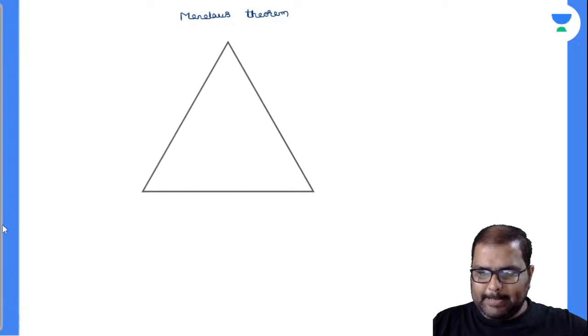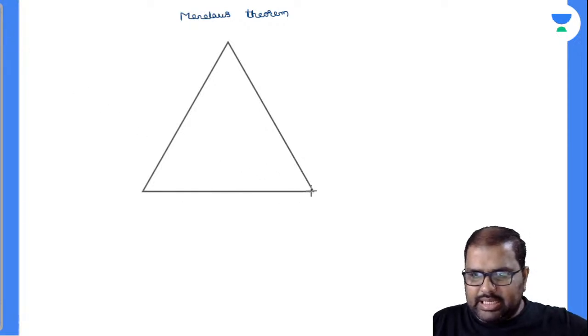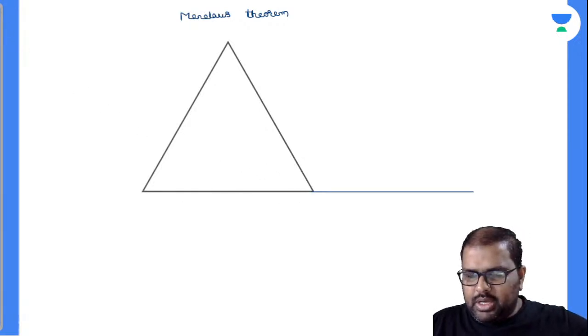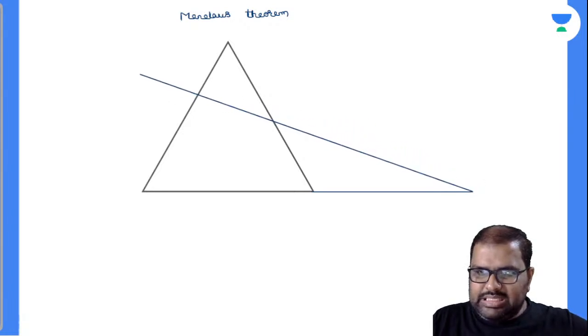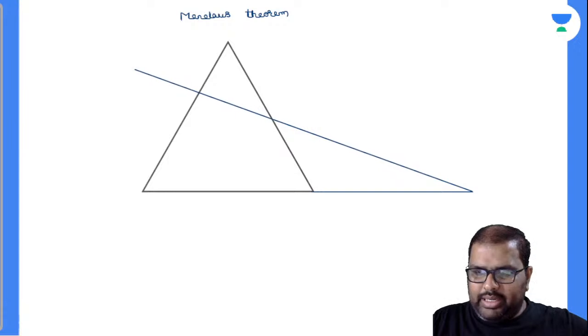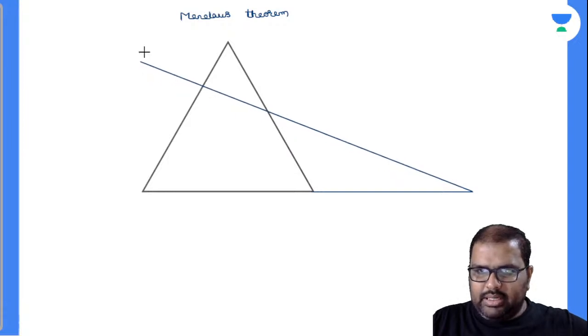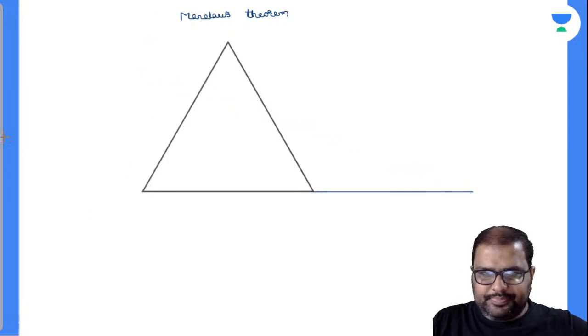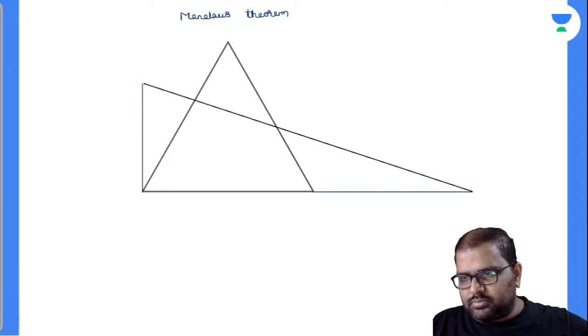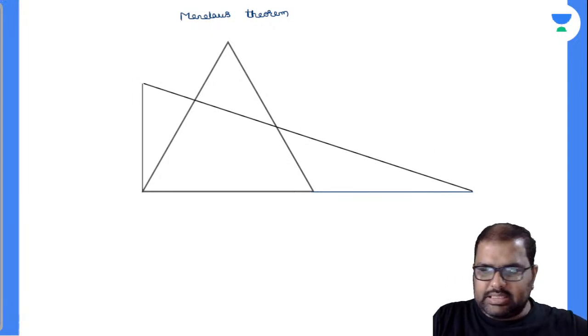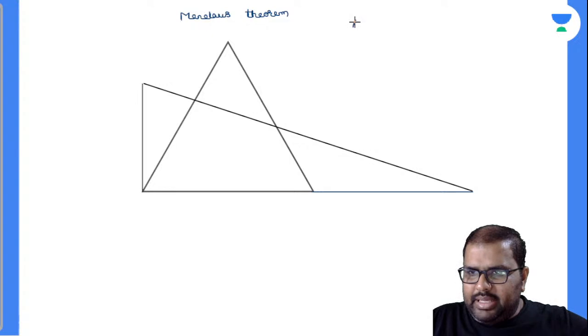So this is a triangle. What I will do is, I have extended this line segment up to here. Now I have drawn a line segment which touches the triangle at 2 points and the extended point also at 1 point. So let me take down like this. The point here is triangle ABC.